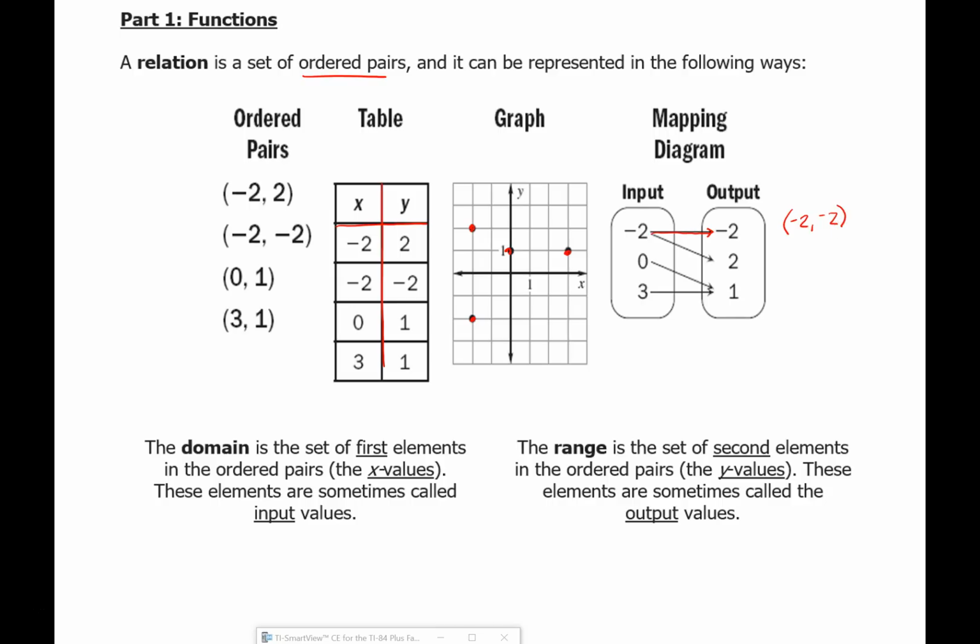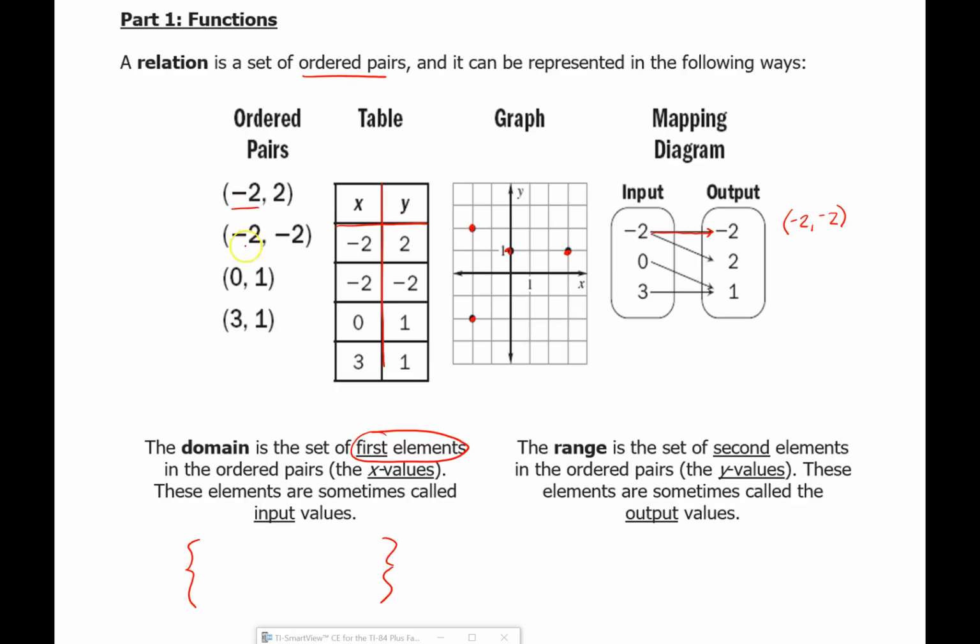When we talk about relations, there is a little bit of vocabulary that you need to know: domain and range. The domain of a relation is just all of the first elements in the ordered pairs, or all of the x values. So if we look at this set of ordered pairs, this relation, let's write down the set of numbers that are in the domain. I drew these squiggly brackets because they mean I'm looking at the set of something.